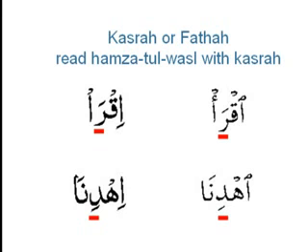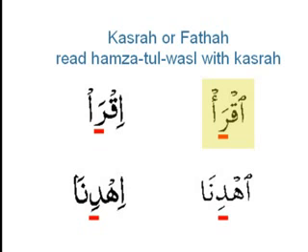So the first rule is, if that third letter has a kasra or fatha, we're going to read the Hamzatul Wasl as if it's carrying a kasra. Let's take the first example, Iqra. The ra has a fatha, it's the third letter, and the one before it will always be sakin.